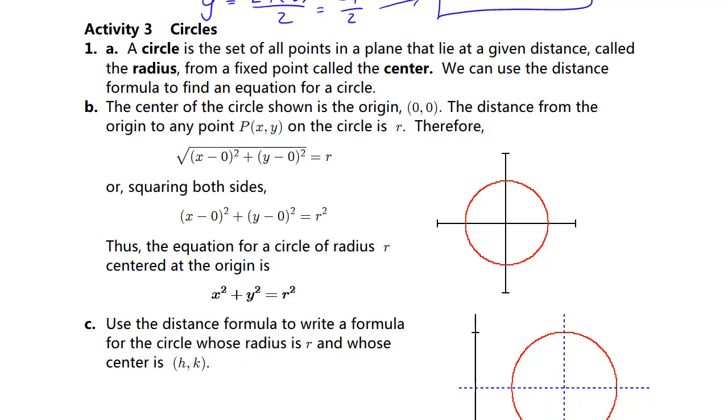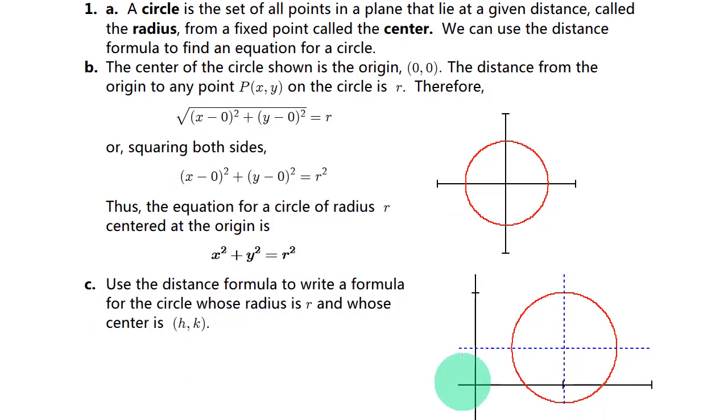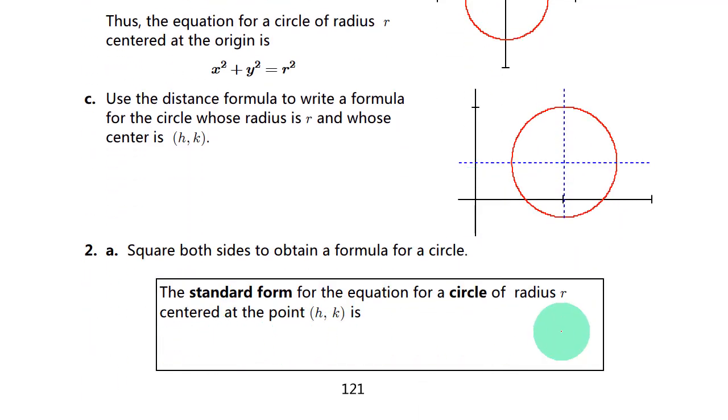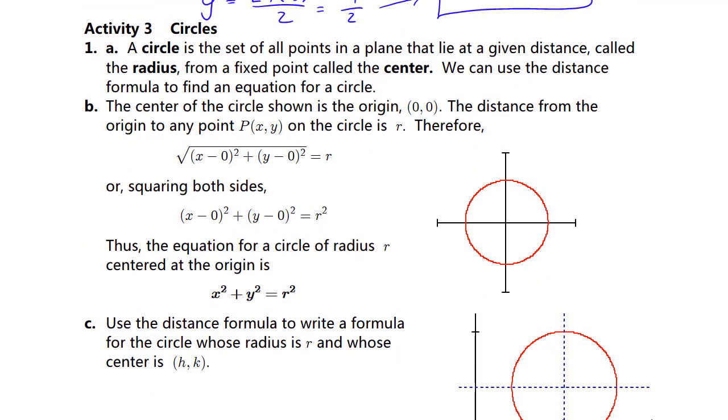And thinking of it that way, if we're talking about distance, we're going to do this using the distance formula, which will help make the formula for a circle make more sense. So starting with B here, the center of the circle shown right here is at the origin, 0, 0. So the distance from the origin to any point x, y on the circle is r.